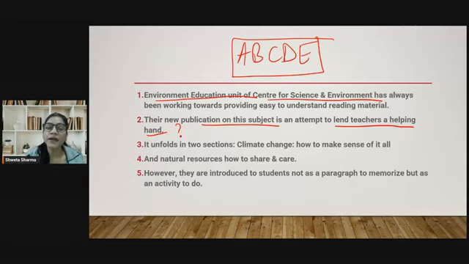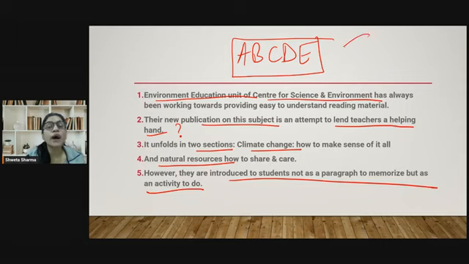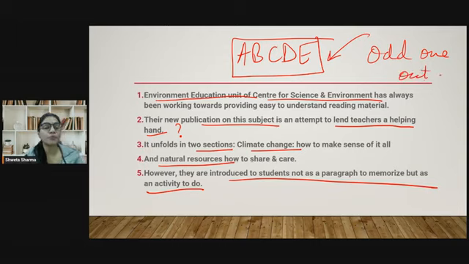How is it lending a helping hand? By the two sections, climate change and natural resources. But it says, however, they are introduced to students not as a paragraph to memorize, but as an activity to do. So if I ask you, out of these five sentences, which is the odd one out? Can you guys help me with this? 20 seconds for this, guys. Quick answer.